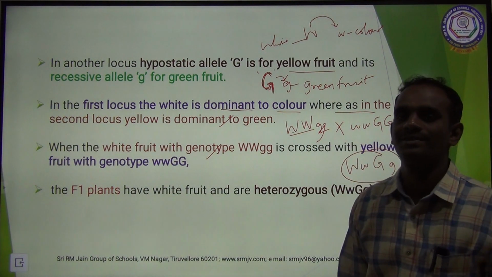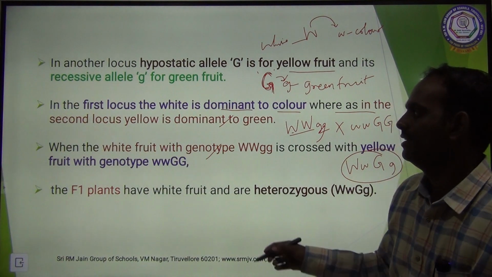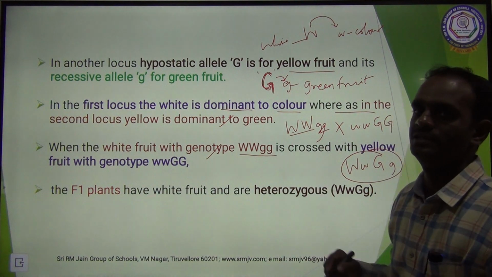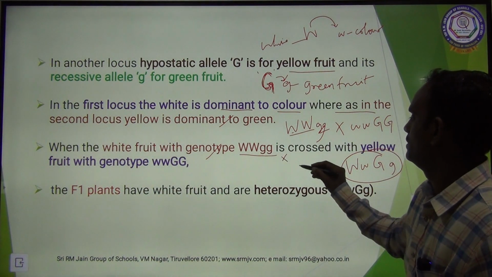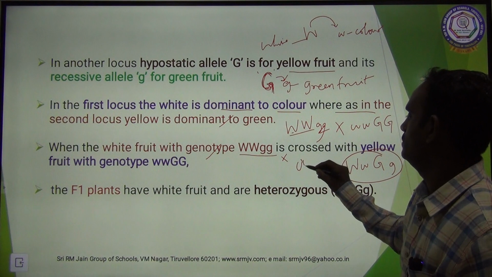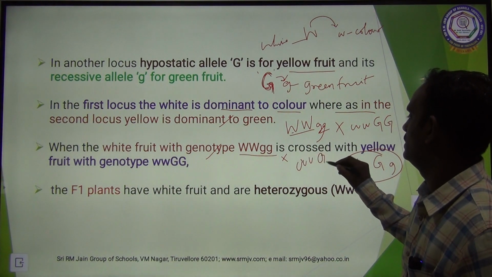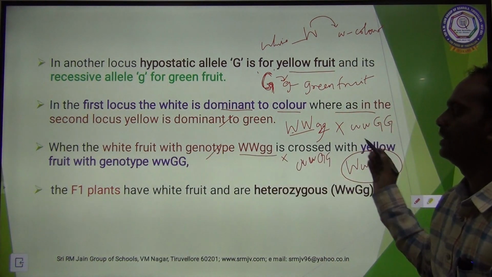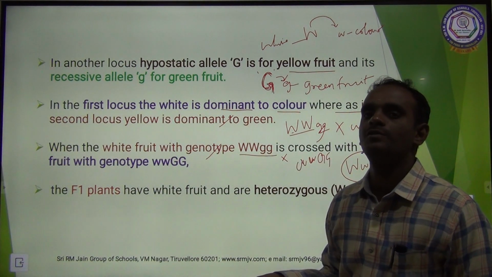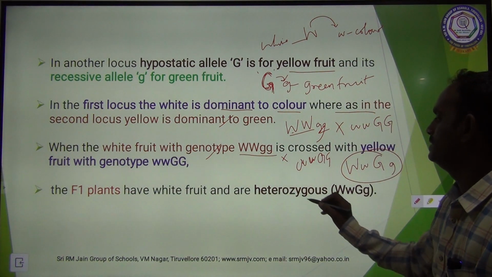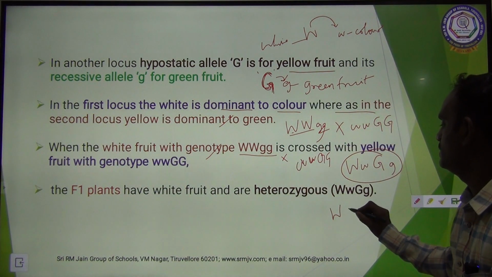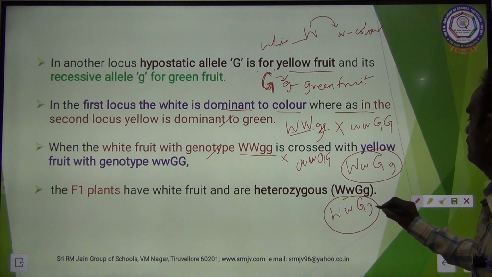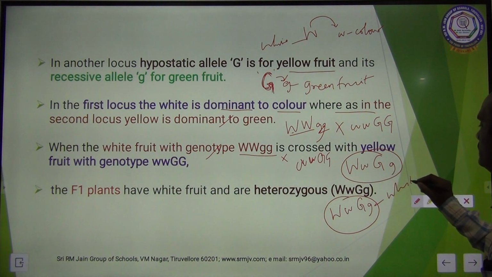Again I am telling, when the white fruit with genotype capital W, small g is crossed with small w, capital G, the white fruit crossed with the yellow fruit, the F1 genotype is capital W, small w, capital G, small g. The phenotypic color is white only.